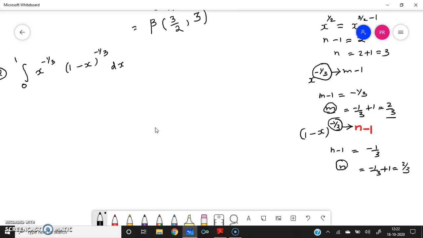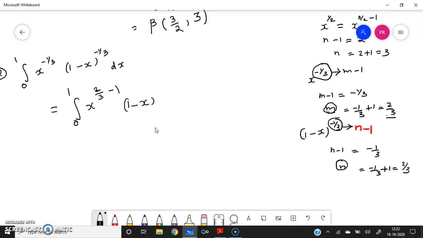So I'll go back to the question. This can be written in the form of integral 0 to 1 of x to the power of m minus 1. What is my m? M is 2 by 3. So 2 by 3 minus 1 is the same as minus 1 by 3. I am doing a small modification, that's it.